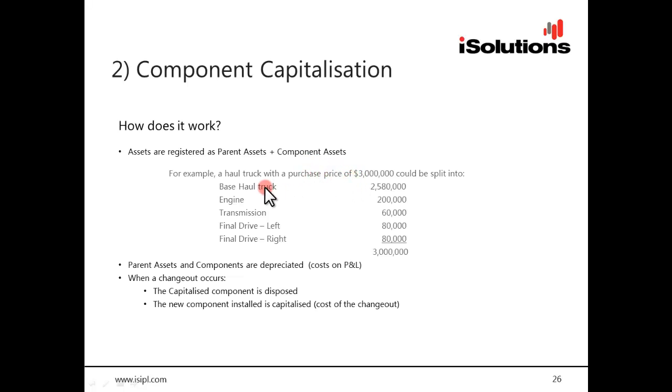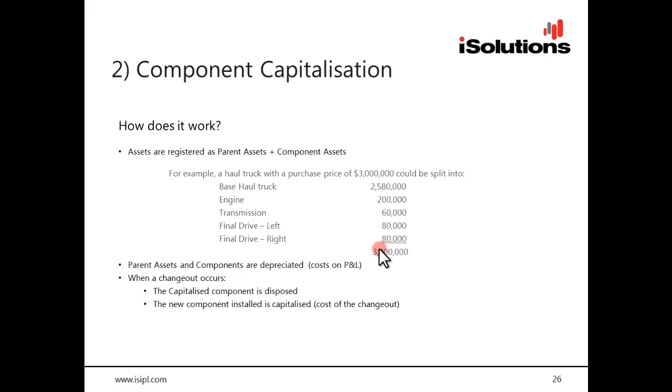You register the base truck, the parent asset as we call it, for in this example, 2.58 million. The engine gets registered as its own child asset for 200,000, the transmission for 60, and so on, so that the aggregated asset is still 3 million. But you've actually registered, in this example, 5 assets making up that 3 million.